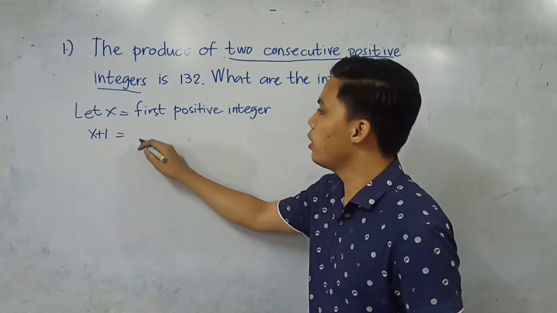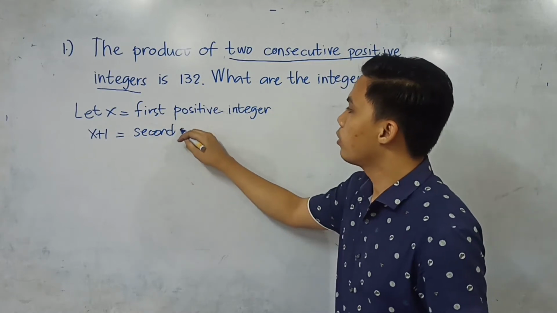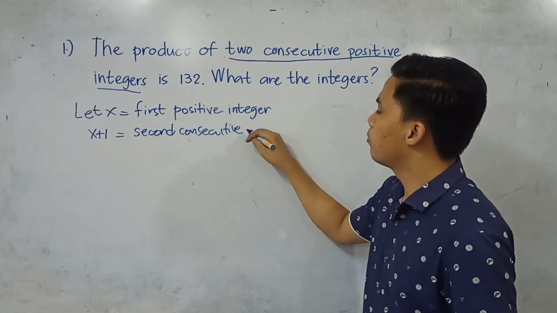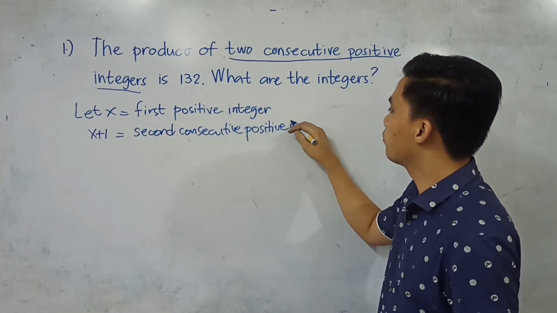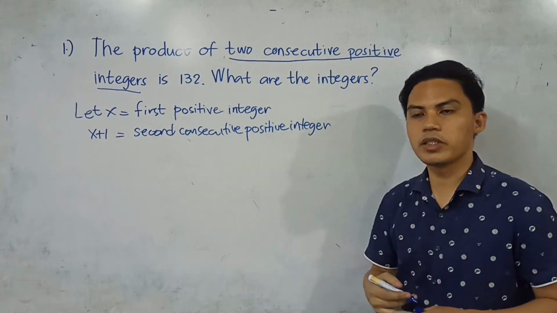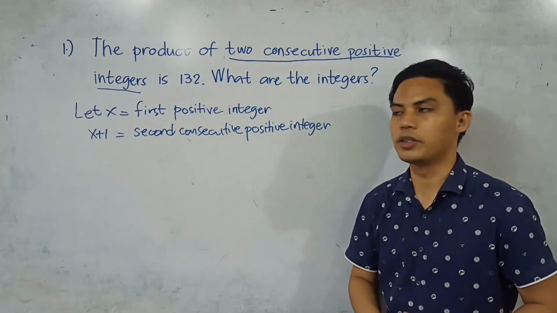So, this would be the second consecutive positive integer. Or pwede rin natin masimplify the first positive integer, the second positive integer.